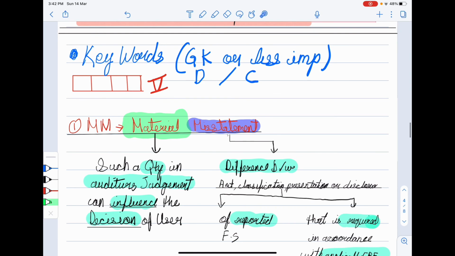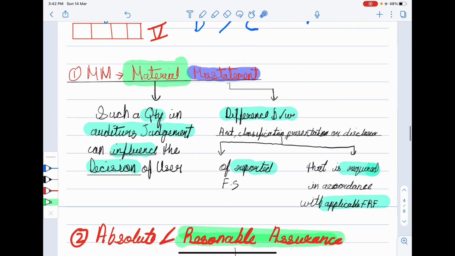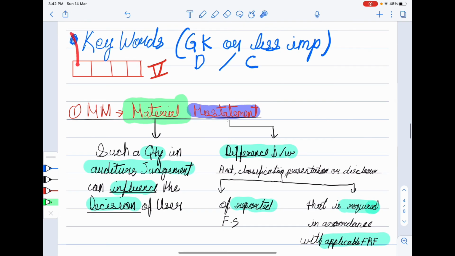Now four small questions, that is the keywords. First keyword, material misstatement. Material is such a quantity, in the auditor's judgment, that can influence the decision of the user.